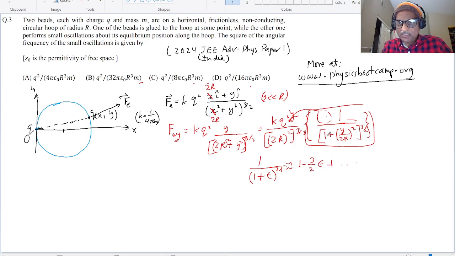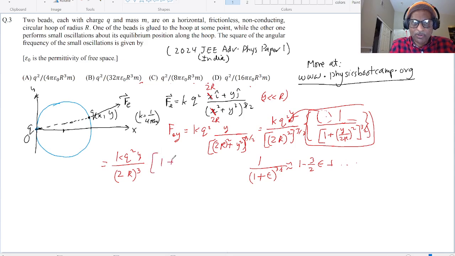So this is going to be k q square y over 2r, now this 2 gets this half and becomes a cube, times 1 minus 3/2 y square over 2r square, plus like that.